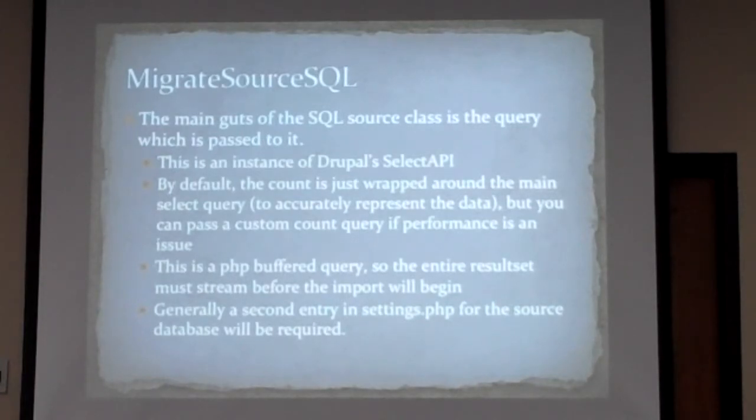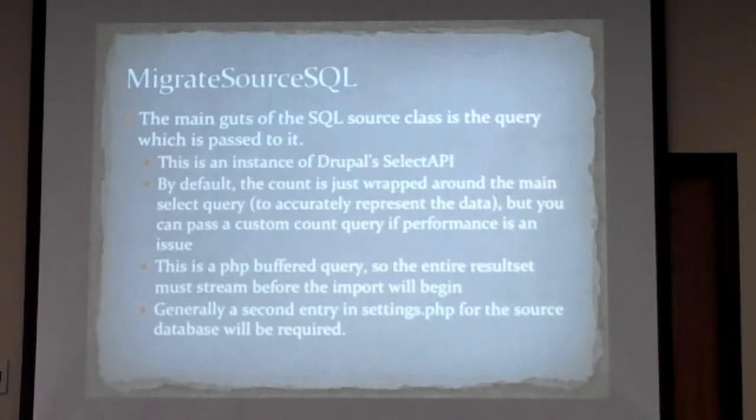So on the source side of things, we've got the Migrate source SQL class. So Migrate source SQL is maybe not the most common source, but it's the easiest one to work with. There are a bunch of different Migrate sources you can deal with, like Migrate source CSV or Migrate source XML. It just basically says, what kind of source data do I have?